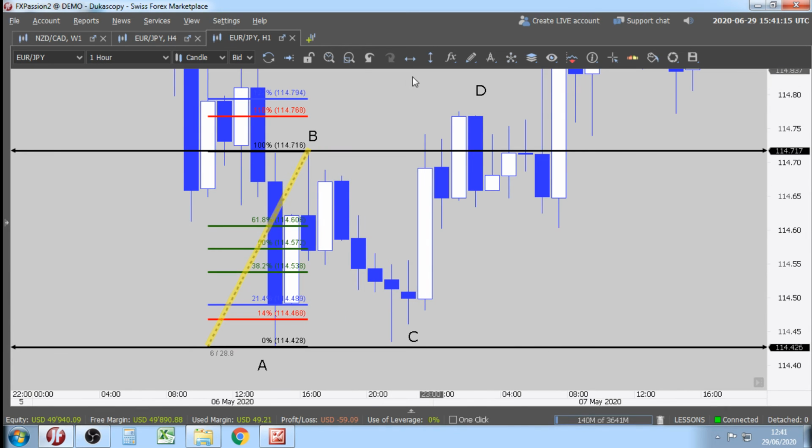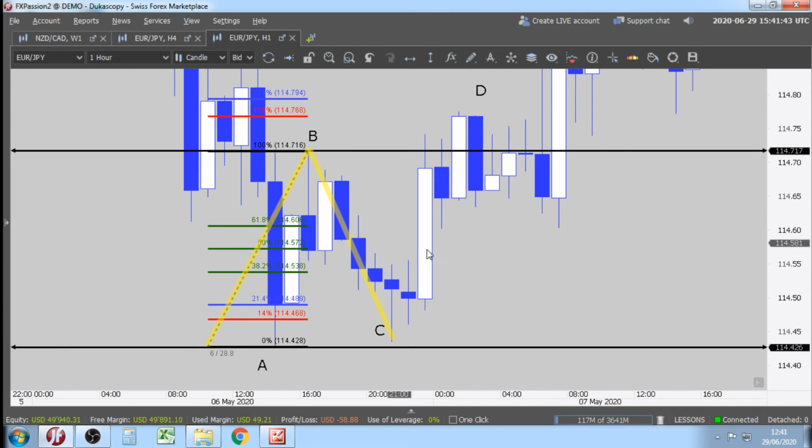Is it green? Is it blue? Or is it red? Which one is the extension? What color?